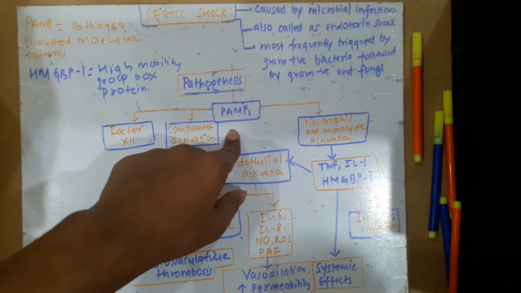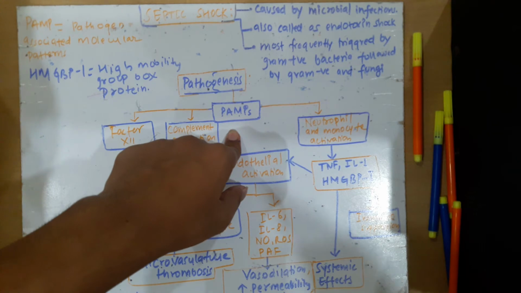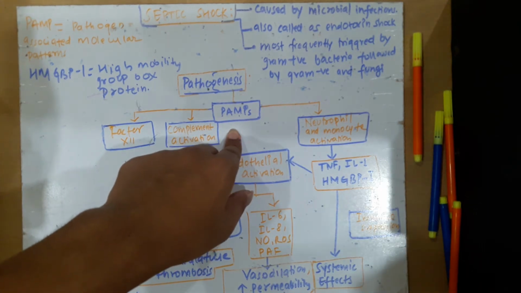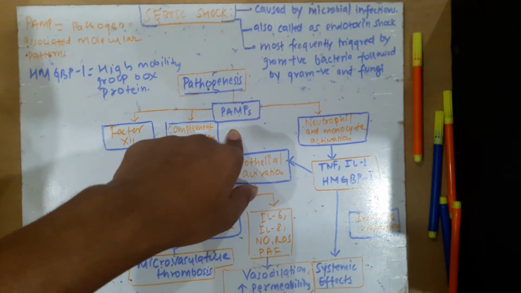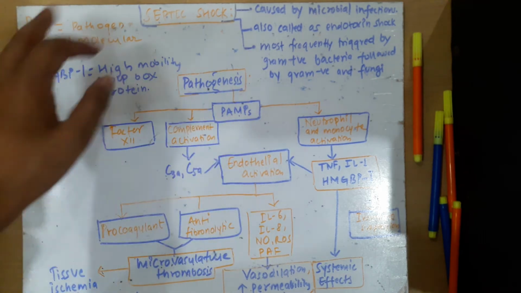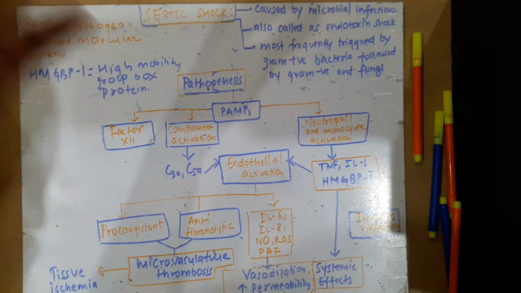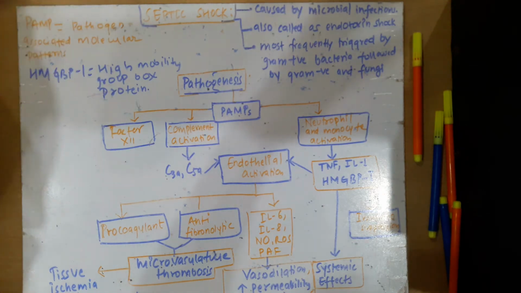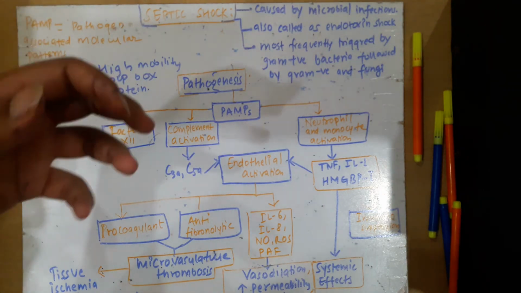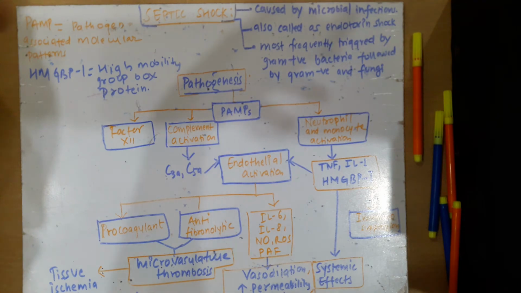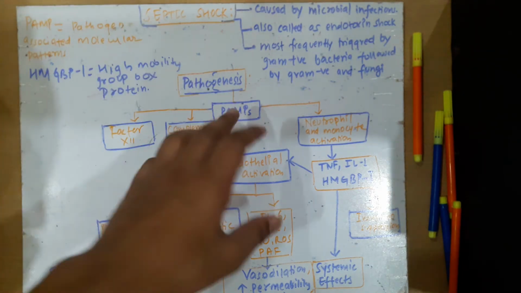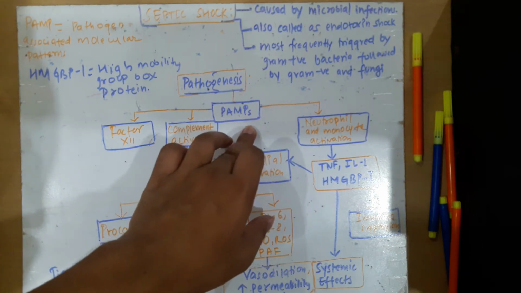I will discuss toll-like receptors while discussing inflammation, but there are certain receptors present on our immune cells that detect the PAMPs, okay. And this detection will obviously generate a downstream signal activating immune cells, and the immune cells release mediators that initiate inflammation.